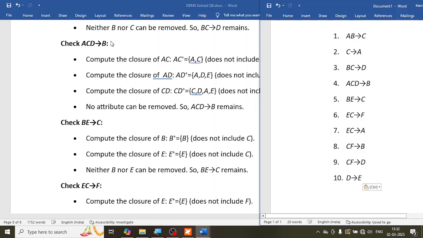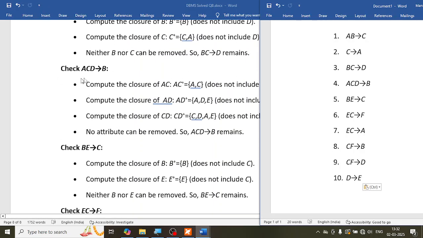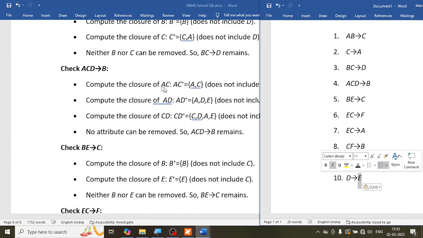So this is our idea. We know very well that from A we cannot derive anything. From B we cannot. From C we cannot derive B. From D, D can derive E, but D cannot derive B, so it is not possible.